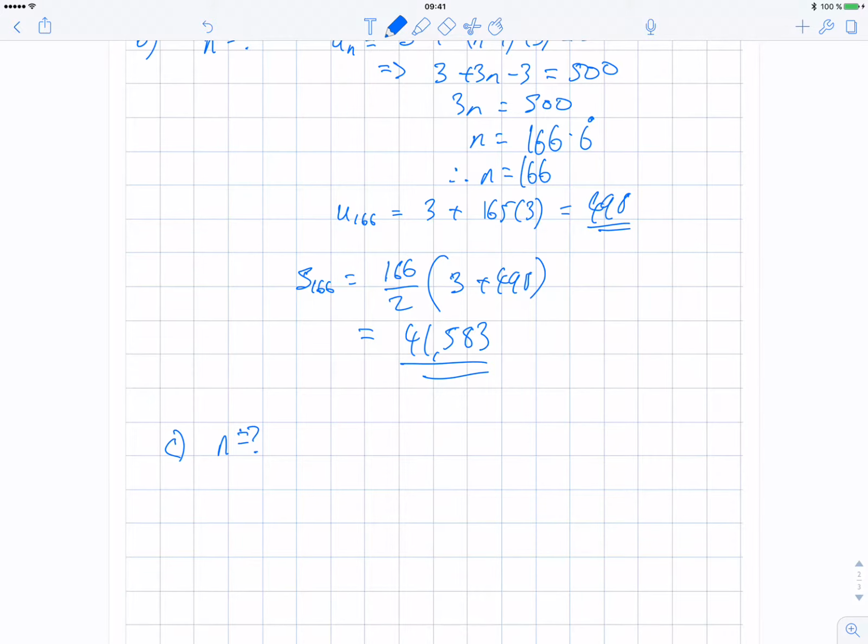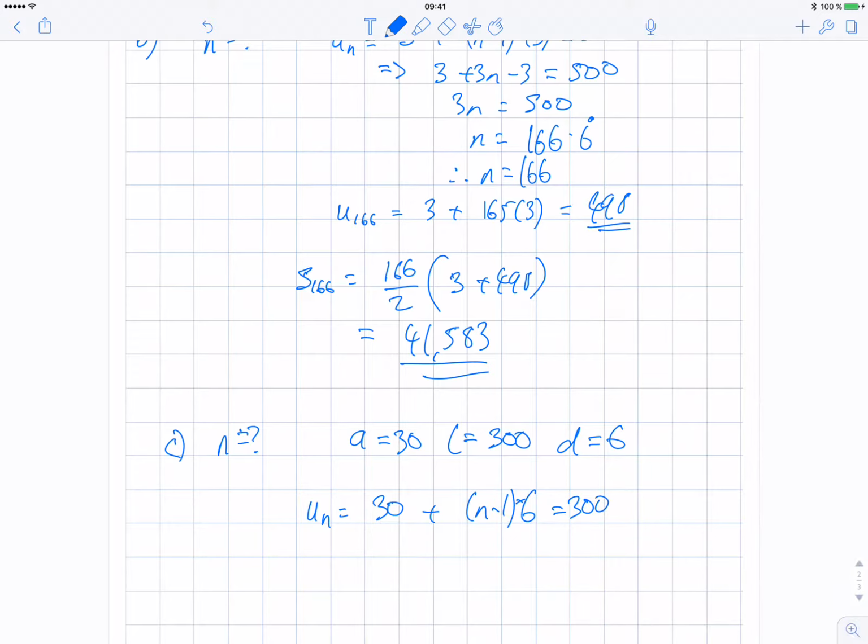I know that A is equal to 30, L is equal to 300, and the difference is equal to 6. Now I know that un is equal to A plus n minus 1, well, n is unknown, times 6.